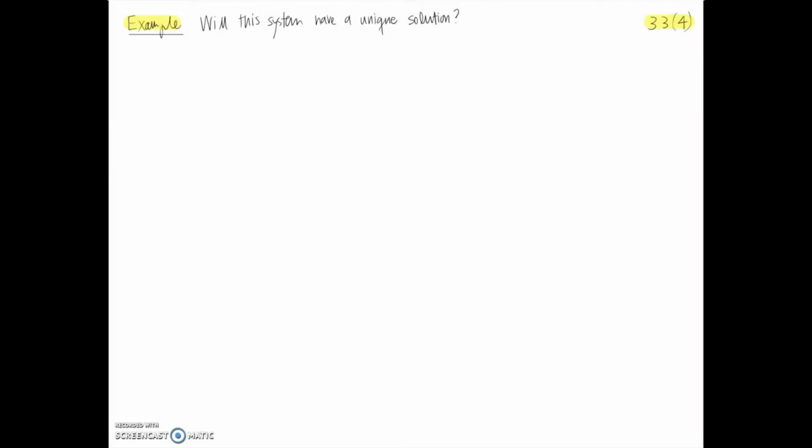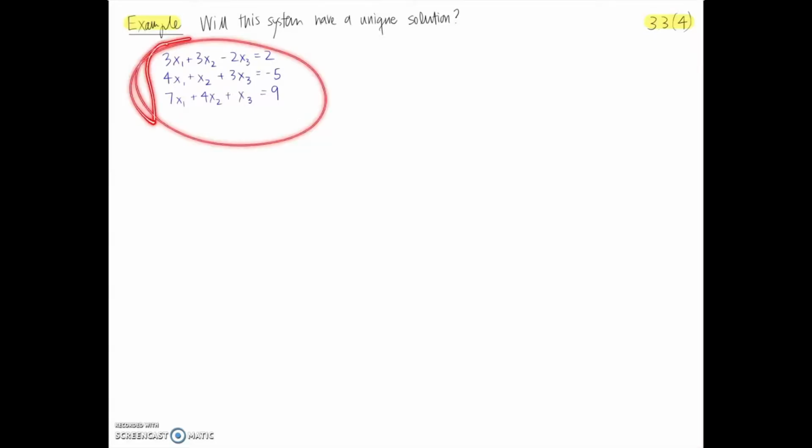So now, knowing what we know about how the determinant can help us to classify solutions, we can ask, will this system have a unique solution? And so here's the system. Whether or not this system has a unique solution only depends on the coefficient matrix and the determinant of that matrix. If it's non-zero, then it will, and if it's 0, then it won't.